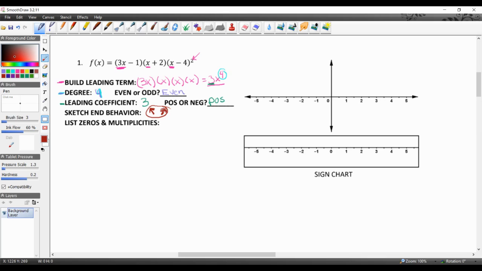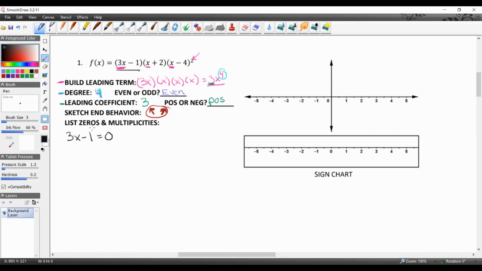All right, moving on. The last thing we're going to do before we actually start graphing is listing the zeros and the multiplicities. To do this part, we look at each factor. Our first factor is 3x minus 1, and we're going to set that equal to 0. We can do one at a time, so we're not too cluttered here.